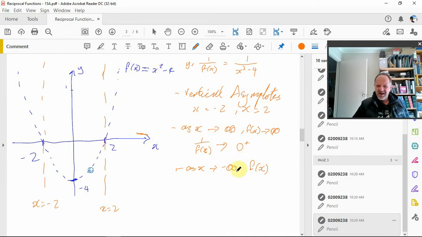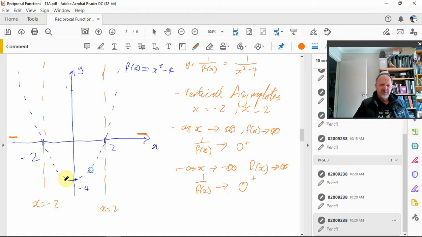If we square a negative number, we get a positive, and then we take 4 away from a massive number, it's still going to be positive. So it goes towards positive infinity. And so 1 on f(x) goes towards 0, but again from the positive side over here.